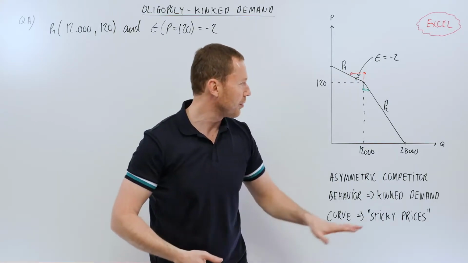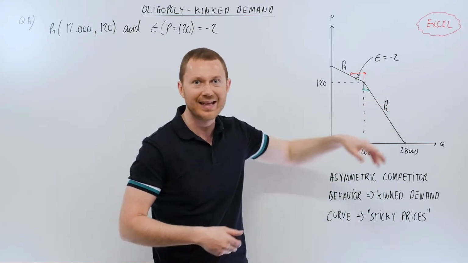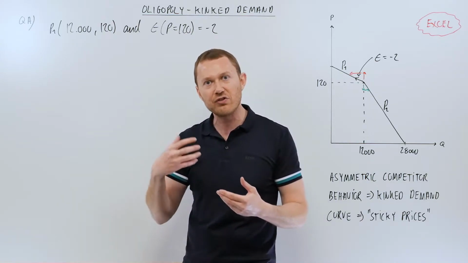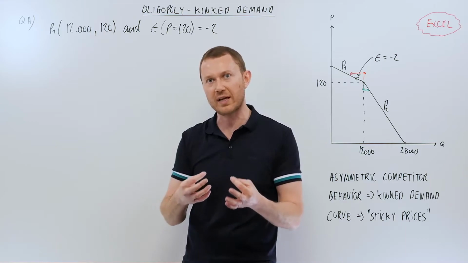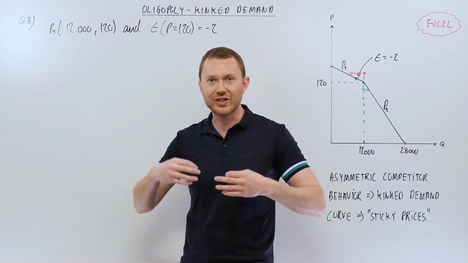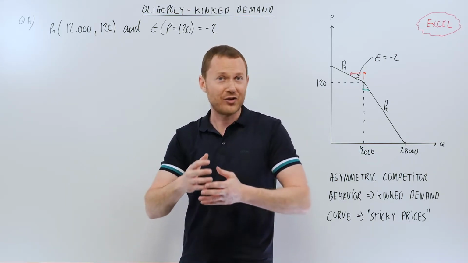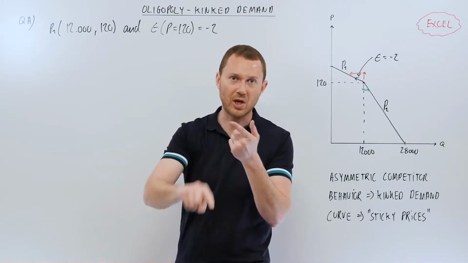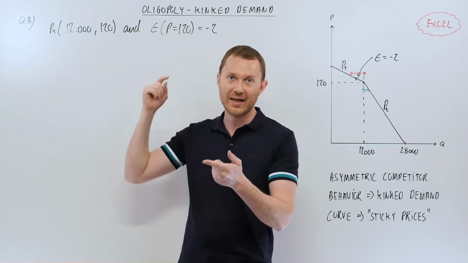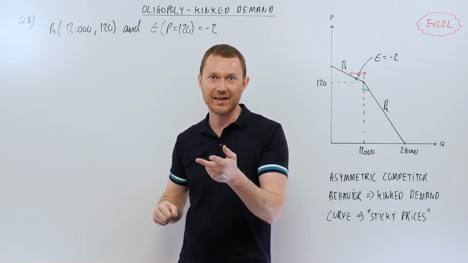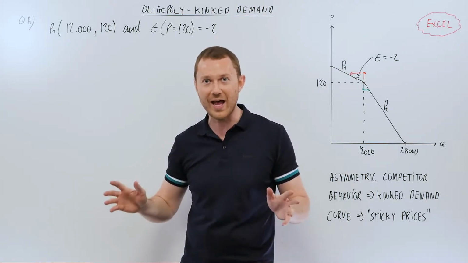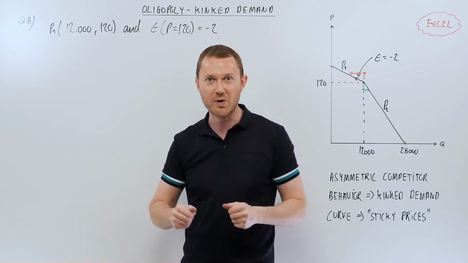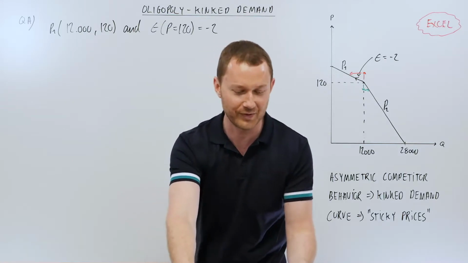Sometimes it's easier for me to understand using a board like this, but some of you would find it easier to understand if you see the graph and some of the calculations in Excel. So to satisfy all of you, I've done both. In a lot of these exercises I go through, I've done it here at the board explaining it, and I've also done it in Excel. So then I hope you're all happy. Either way, if you prefer the one or the other, everyone is happy. I hope so.